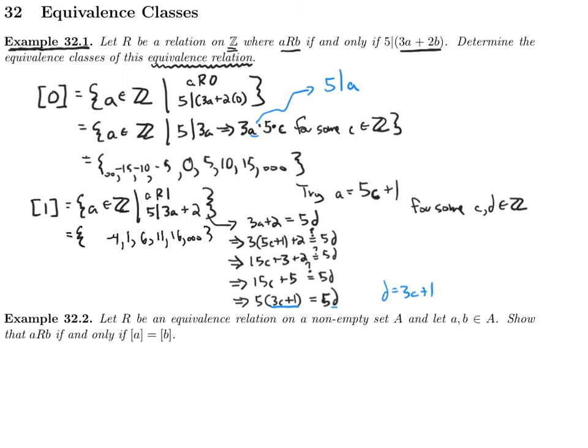Negative 4 is negative 5 times 1 plus 1. So that has a remainder of 1. This is going to be negative 9, which is 5 times negative 2 plus 1, etc. So it's all numbers that have a remainder of 1 when you divide by 5. That's in the equivalence class for 1.